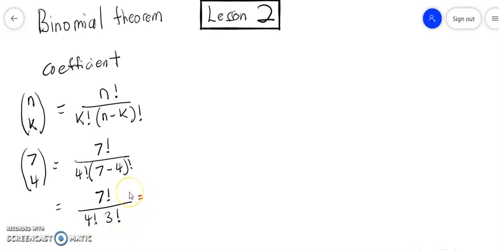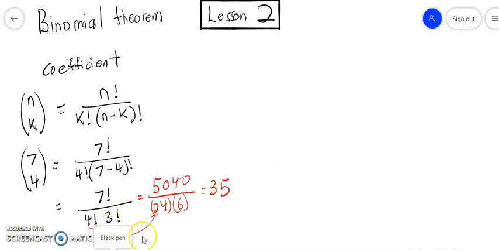When you calculate this, 7 factorial is 5040, 4 factorial is 24, and 3 factorial is 6. When we simplify this, we will get 35.